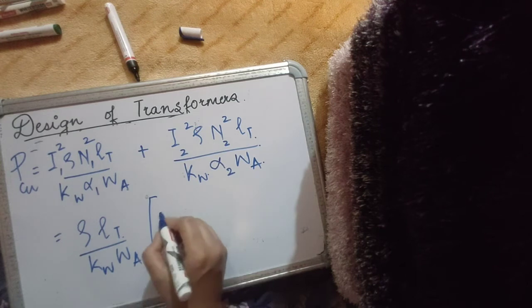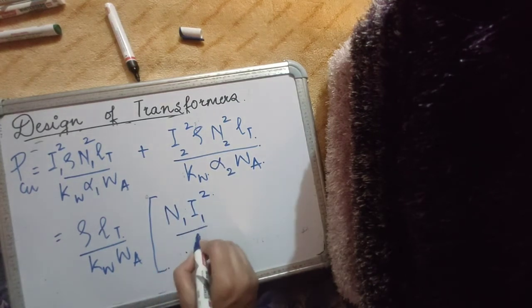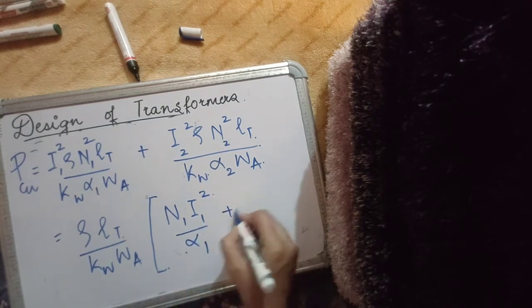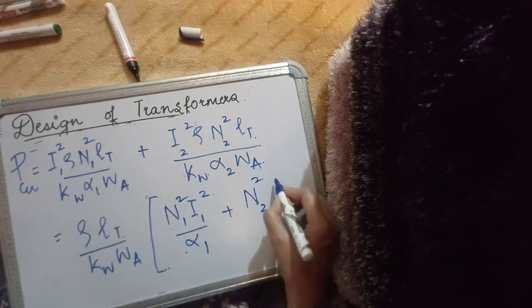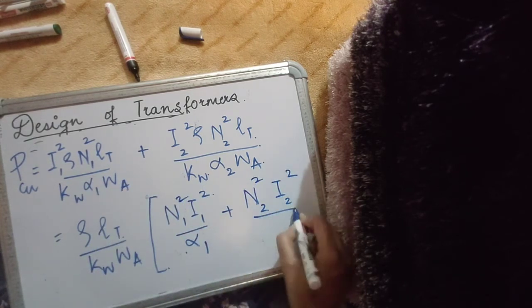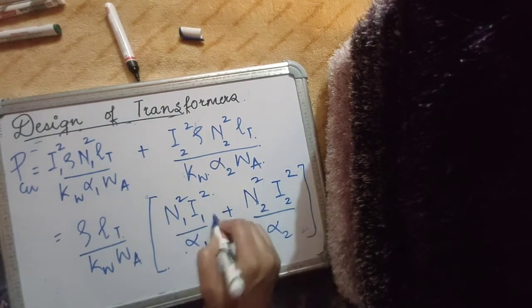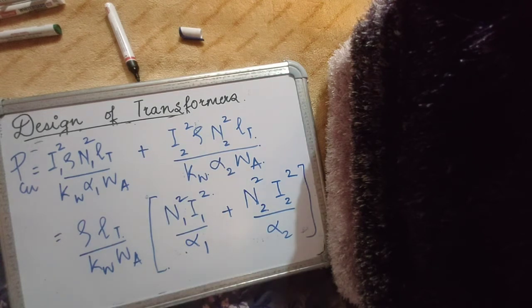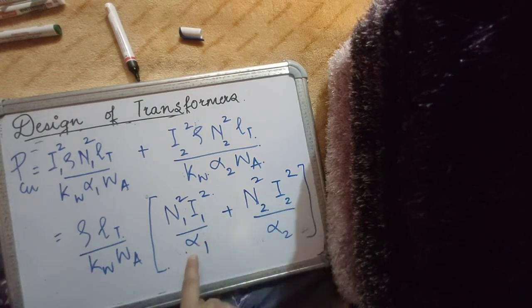Now, the total copper loss will depend upon the number of turns, and there's a square over here, and the ratio of area allocation, and of course the currents flowing in the primary and the secondary. Also, we know that N1 I1 will be almost equal to N2 I2, so it is primarily alpha 1 and alpha 2 that is going to affect the copper losses.